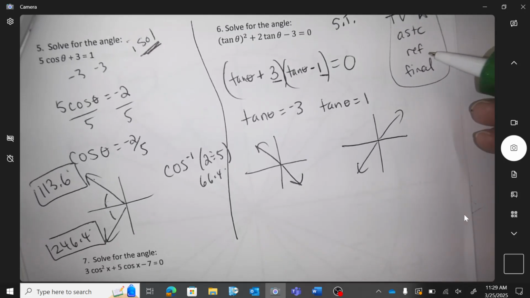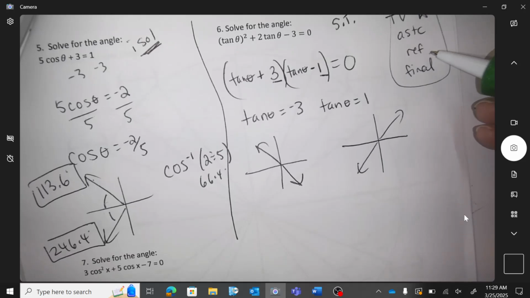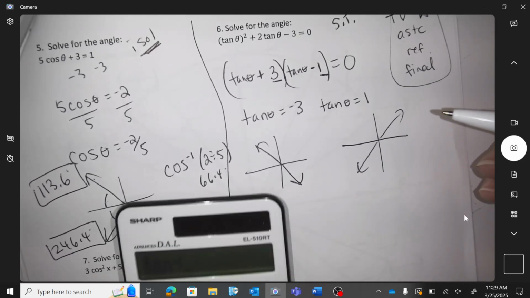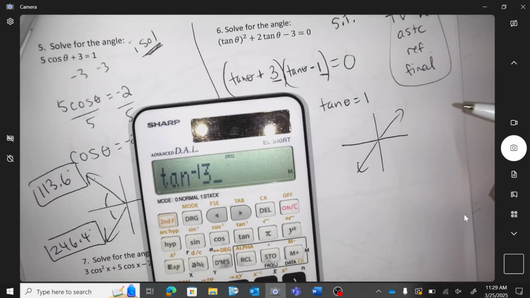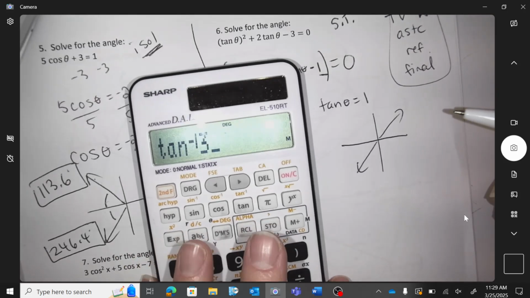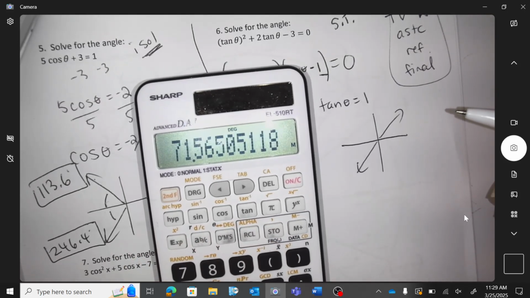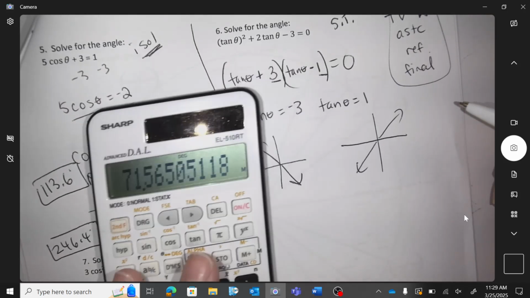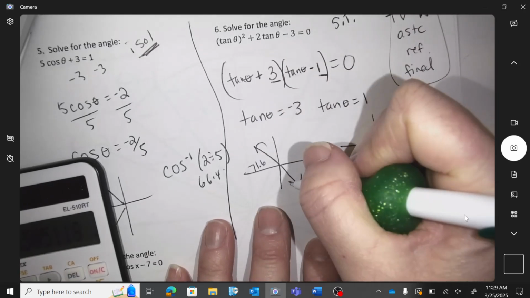Okay, step 3, referencing. So you're inversing in your calculator and you're not putting a negative into the calculator. So 71.6.